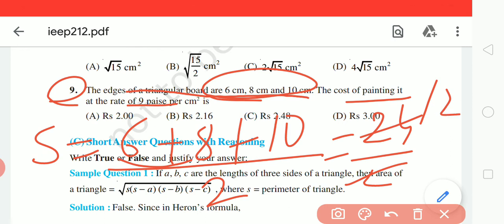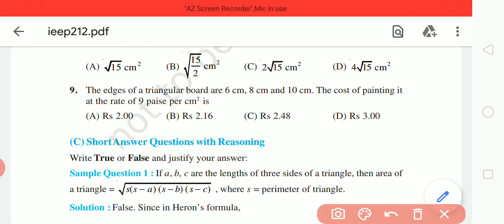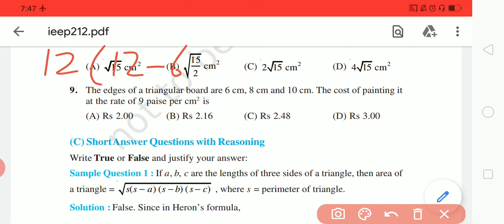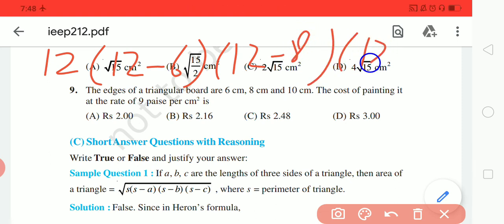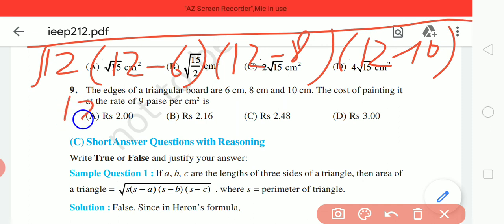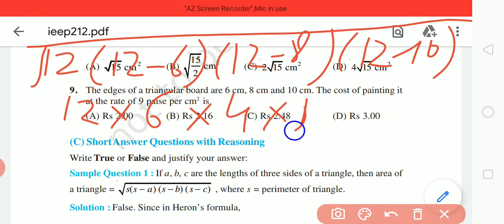This is 12, right? The semi perimeter is 12 now. Now you can find the area. So s into s minus a, s minus b, s minus c under the root, right? So this is 12. 12 minus 6 is 6. 12 minus 8 is 4. 12 minus 10 is 2.